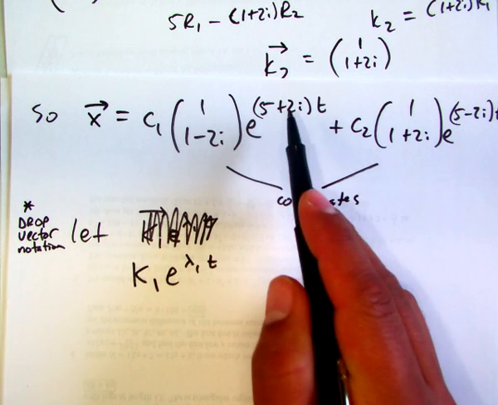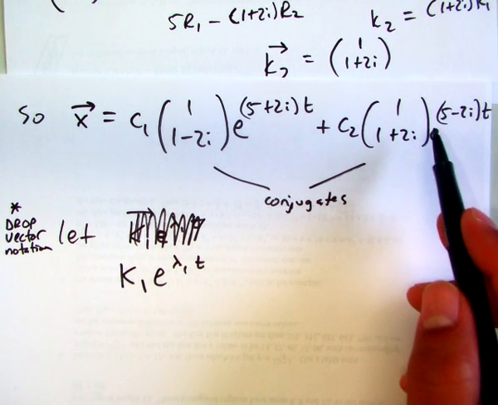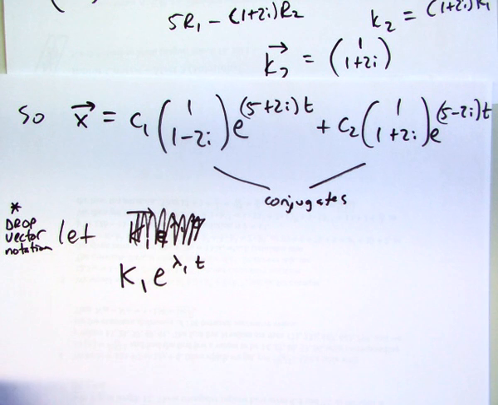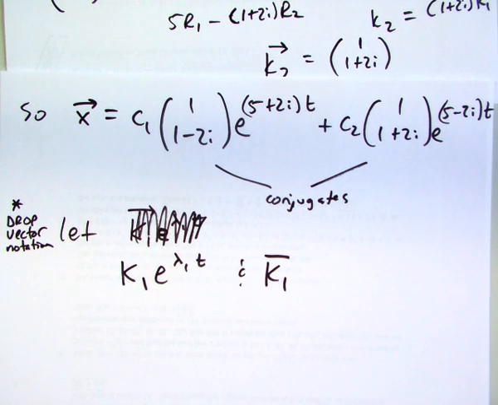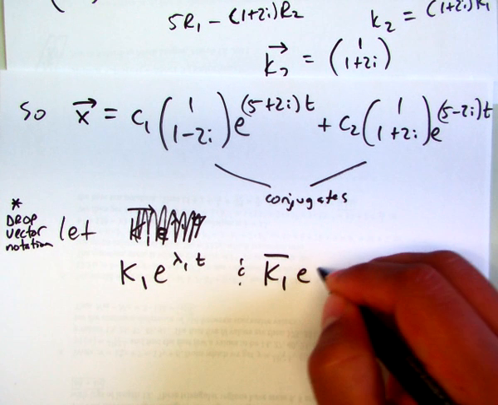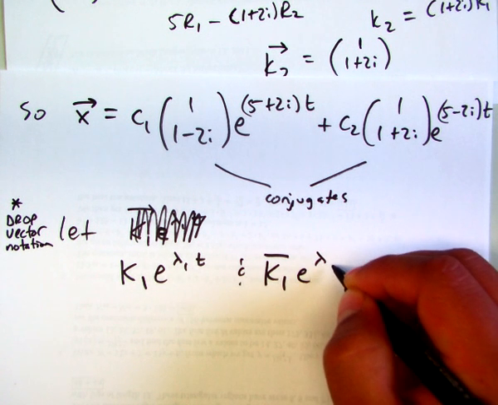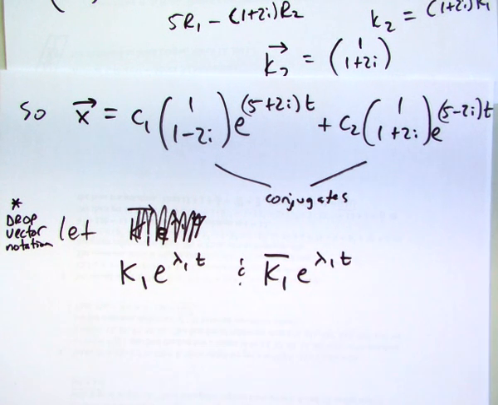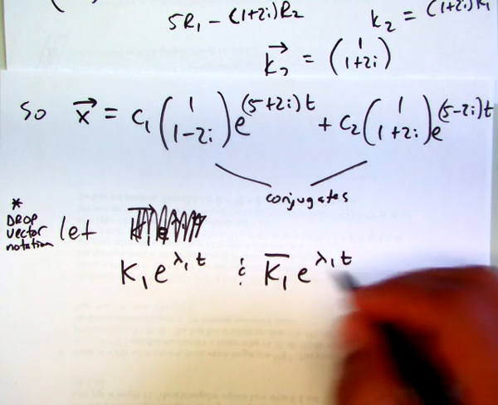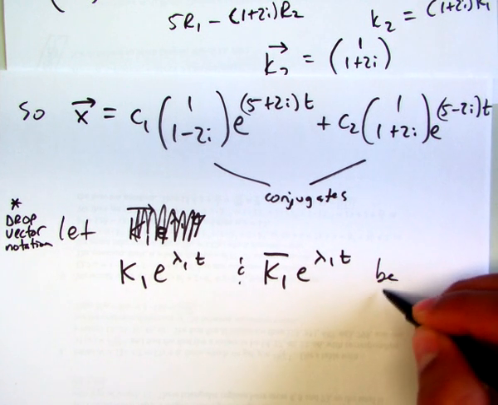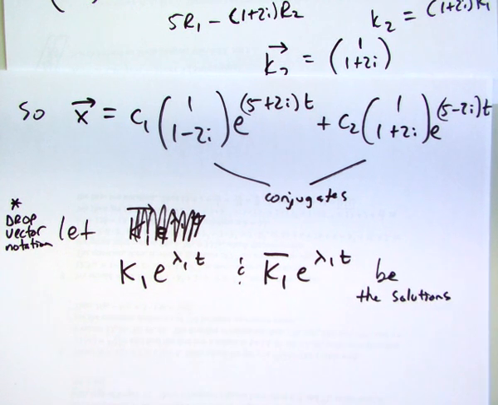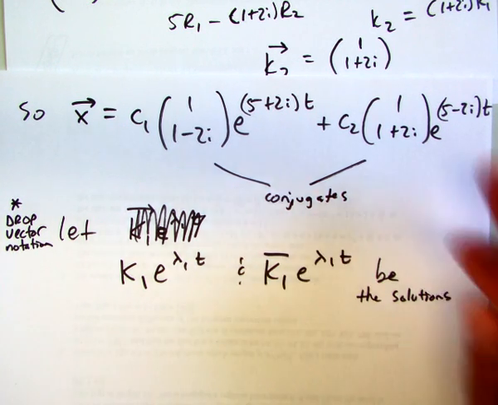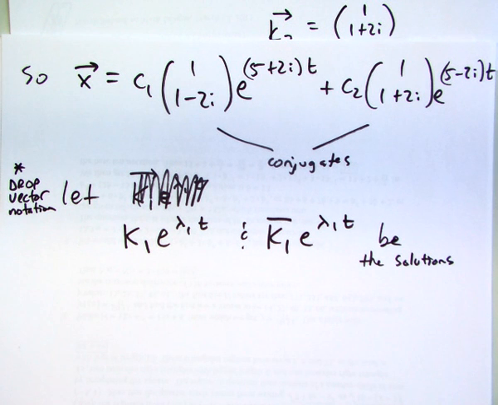And a good way to describe the second solution then would be to use the notation K1 and then put a little bar over it, which means conjugate, e to the lambda 1 t. We do not have to put a bar over the lambda.